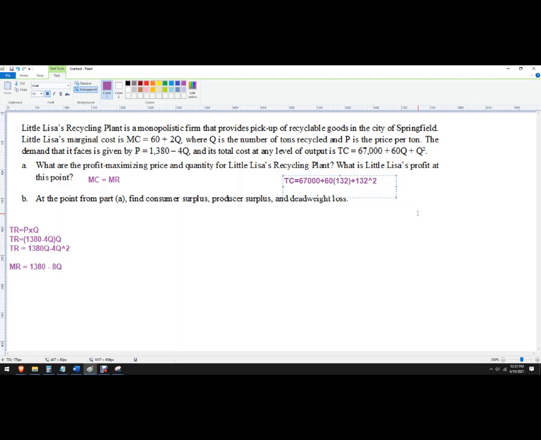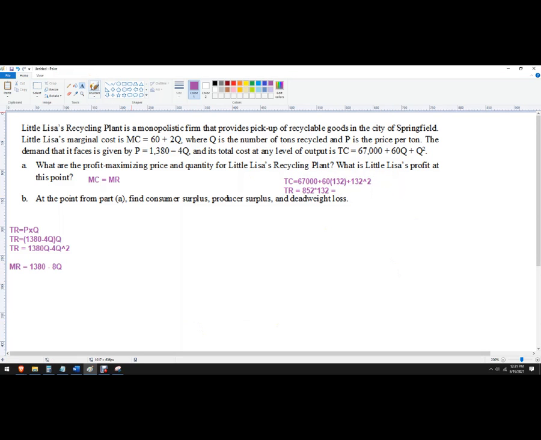And then total revenue is going to be price 852 times 132 units, and whatever that is, that'll give us that. I'm not going to do that in this video, but it's really pretty rudimentary. It's just total revenue minus total cost, whatever you get there. That's going to give you your profit. Okay, so you just follow that.